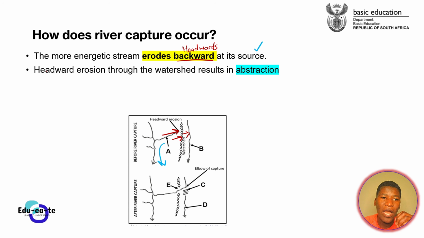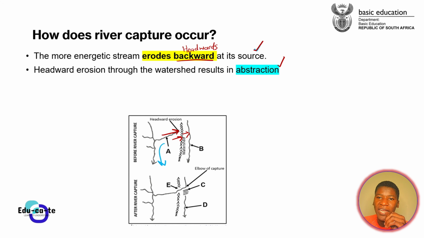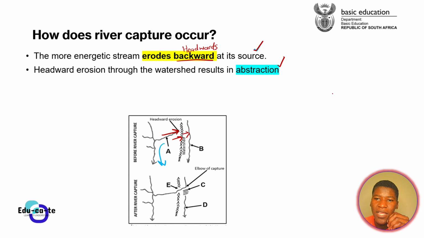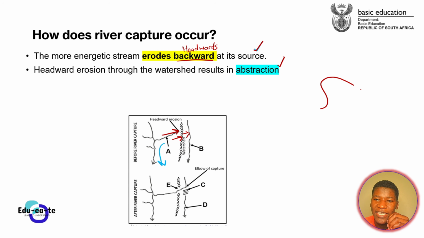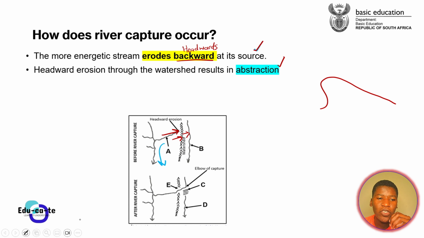And then now the headward erosion through the watershed will result in obstruction. So there will be an obstruction of the watershed. Remember that when you say there's an obstruction, at some point the watershed is a very big higher lying area that is separating two rivers.